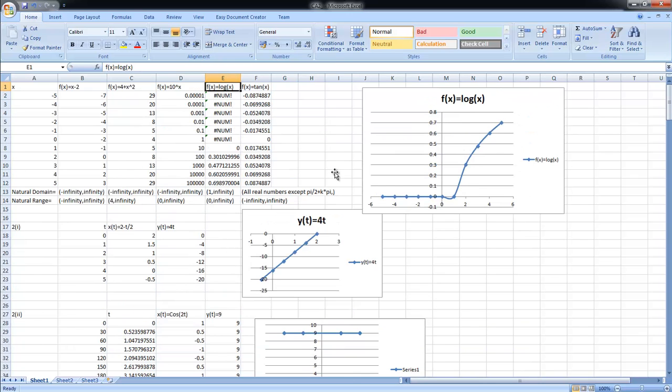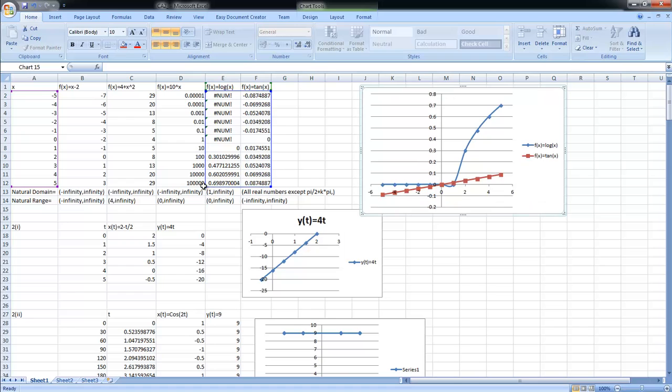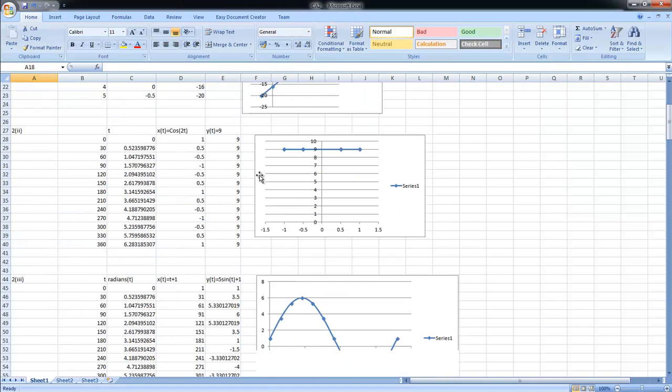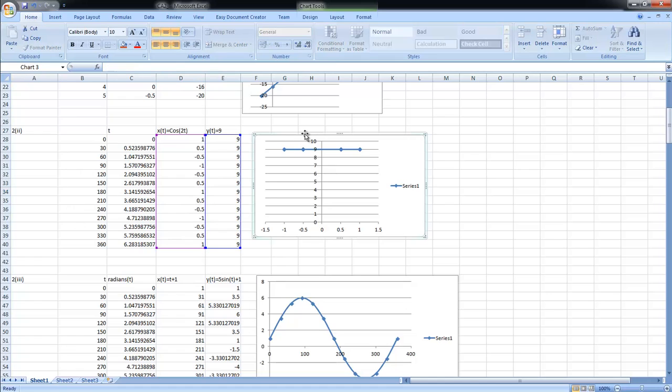And this is basically all the straight line methods, and I'm just going to move this so that you can see all of them. And this is a straight line method, and I want to talk more about this because it's just staying on 9, and the cosine 2t is going through the line.